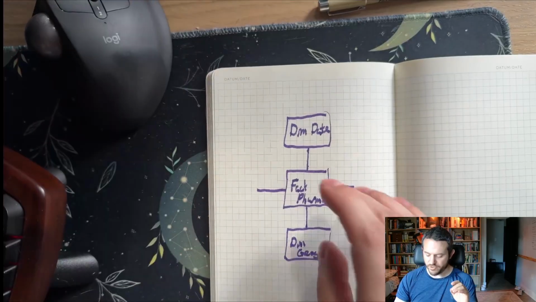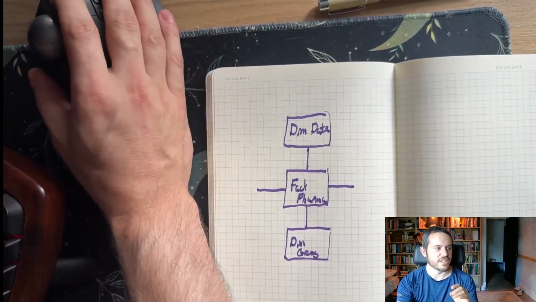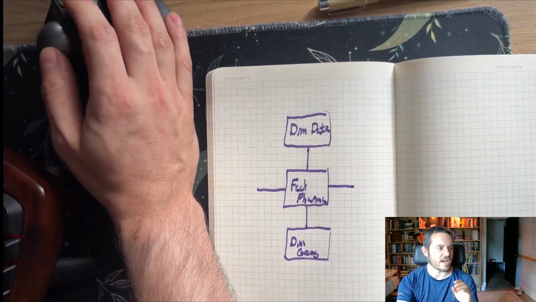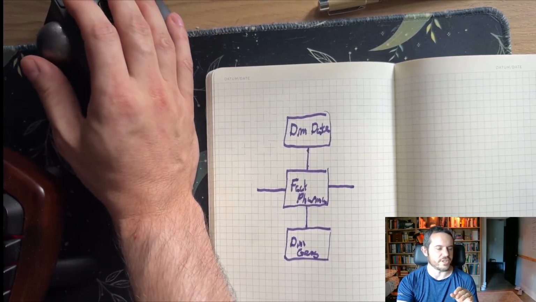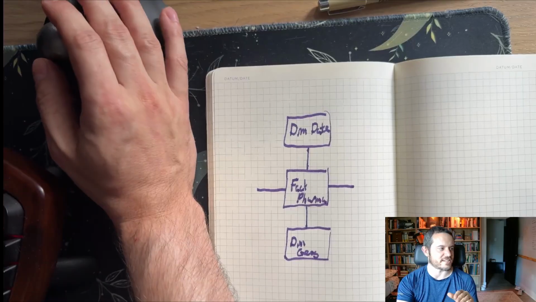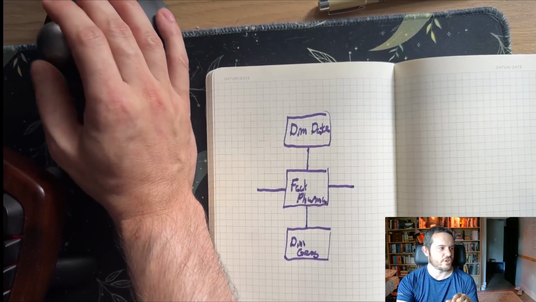So by creating these fact tables and models, you're not just giving users direct access to the database. You're constraining them by the model that sits over the top.